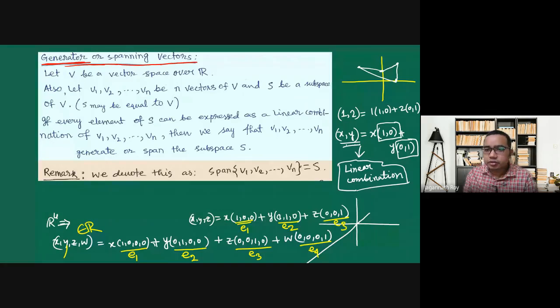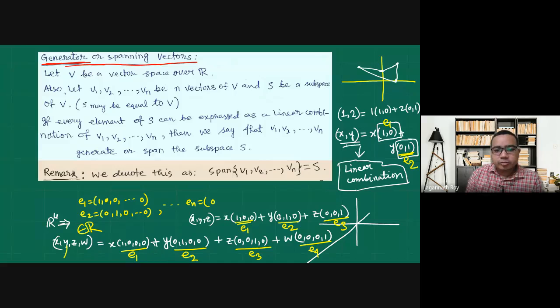Similarly, we define E1 as 1 0 0 0, E2 as 0 1 0 0, and so on, up to En, in the real number n-dimensional space.